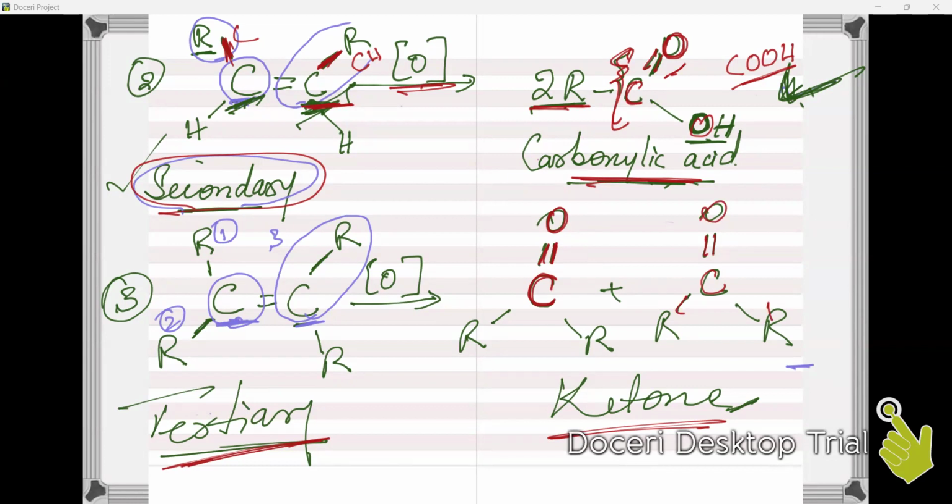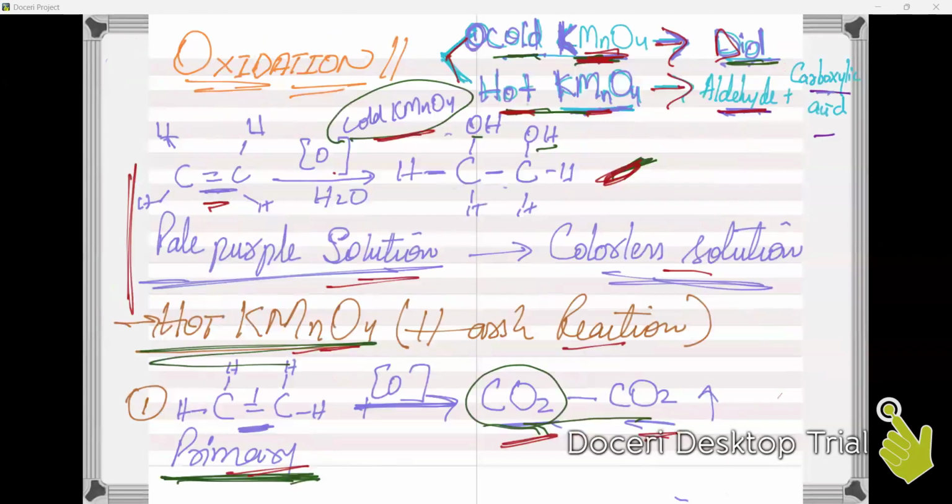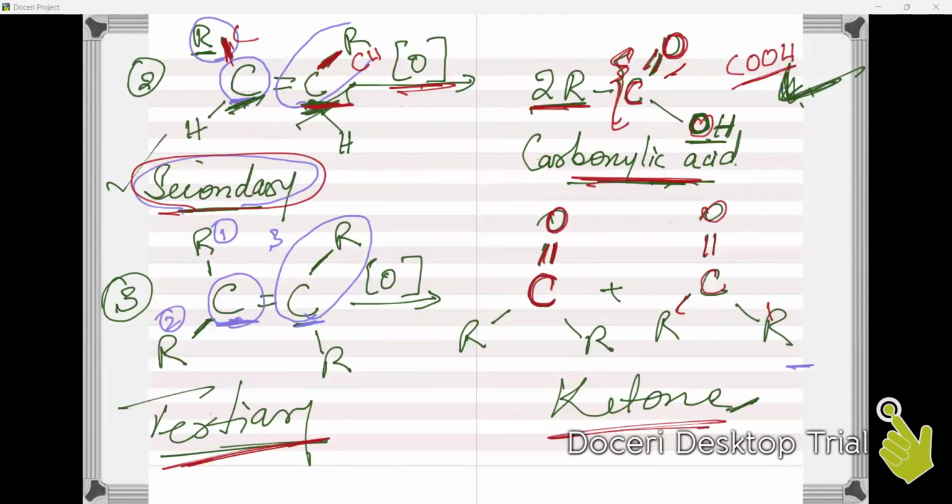If I'm taking cold KMnO4, ethene can only react to it and it will give us diol. Hot KMnO4 with primary, then it will burn and give us carbon dioxide. Secondary will give carboxylic acid and tertiary will give us ketone. But before it gives carboxylic acid, it also gives us aldehyde.